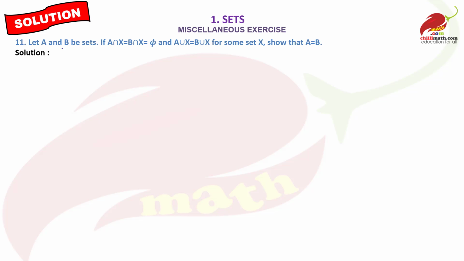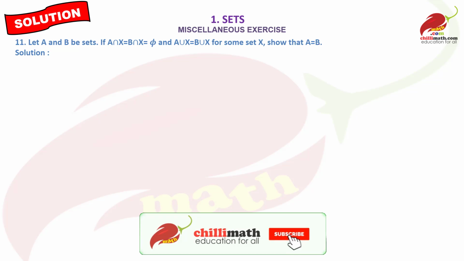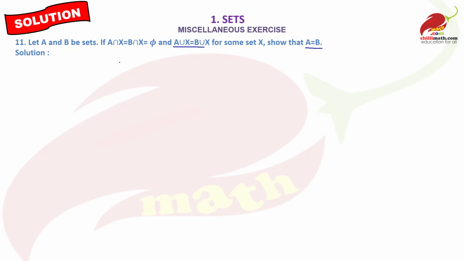Eleventh question is, let A and B be sets. If A intersection X equal to B intersection X equal to phi and A union X equal to B union X for some set X, show that A is equal to B. Let us take A union X is equal to B union X. Let us take intersection of A on both sides.